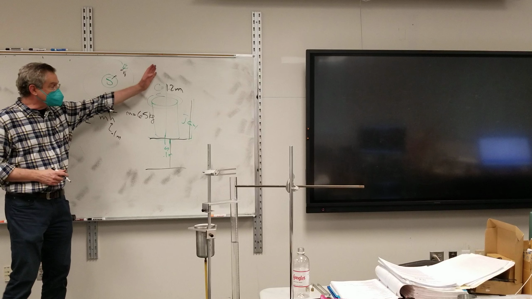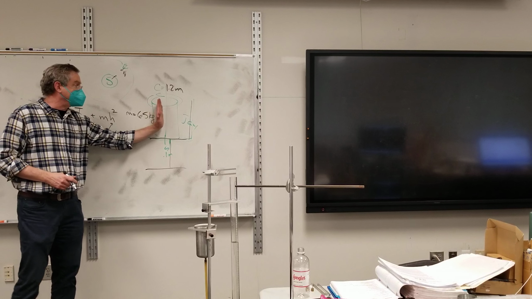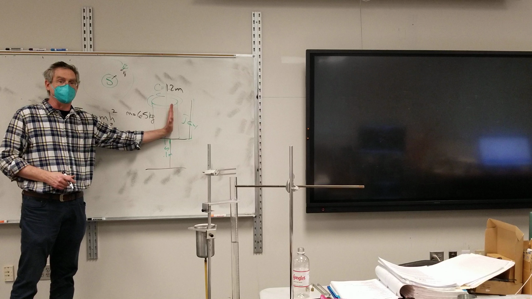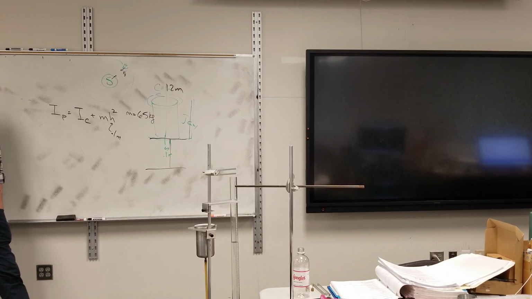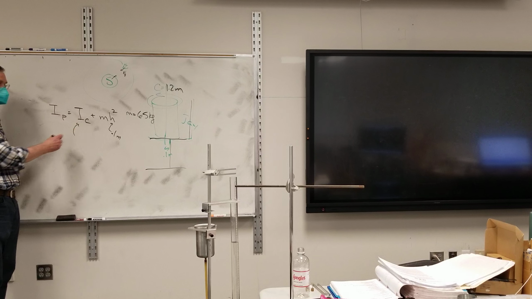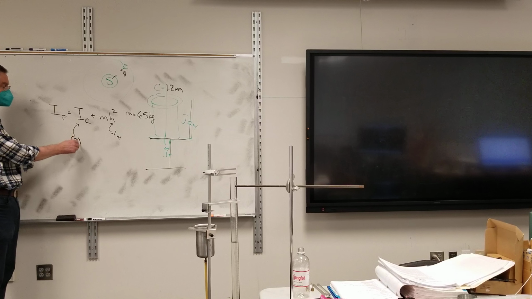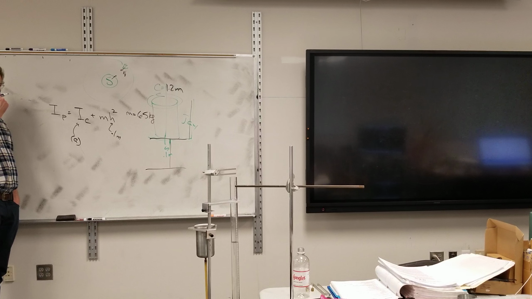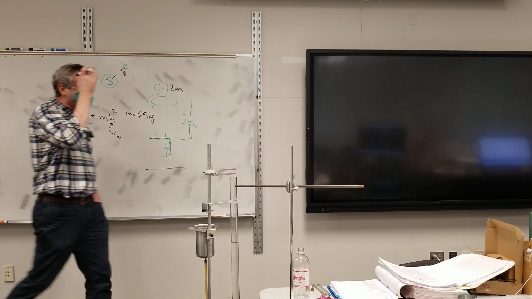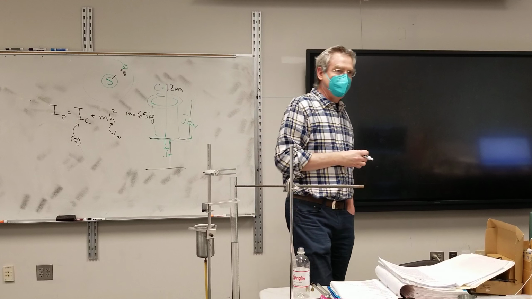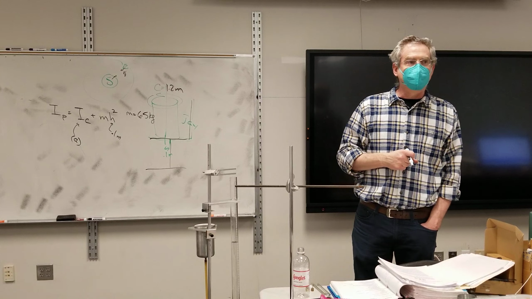So an axis that goes through the center of mass, we're shifting from here to a parallel axis here. This is the formula. I sub C is the answer to part A. And I sub P is the parallel axis moment of inertia.